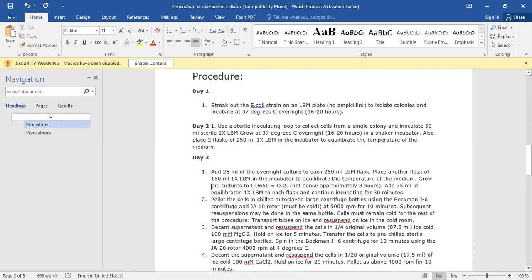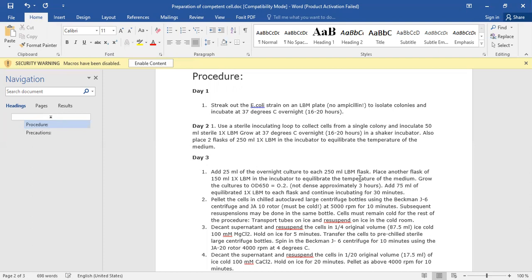After that, we come to the third day. On the third day, we add 25 ml of overnight culture to each 250 ml LBM flask that we have kept overnight. Then place another flask of 1x LBM in the incubator to equilibrate the temperature of the medium.